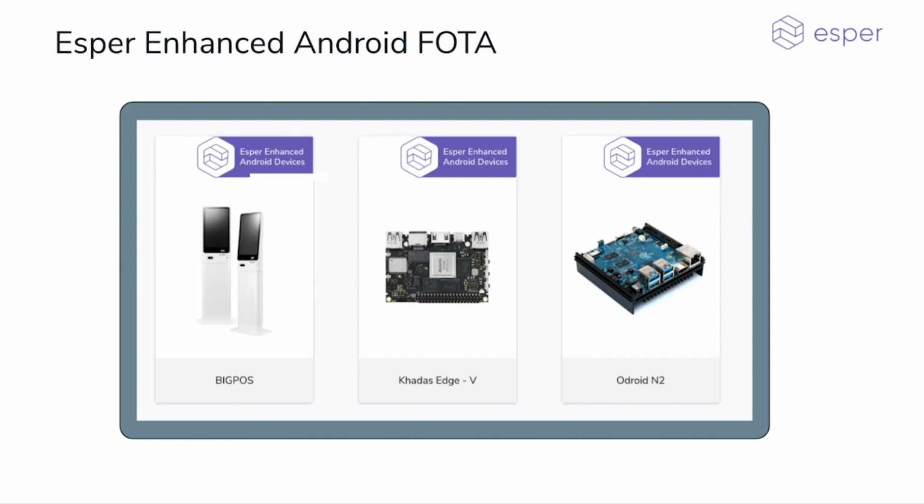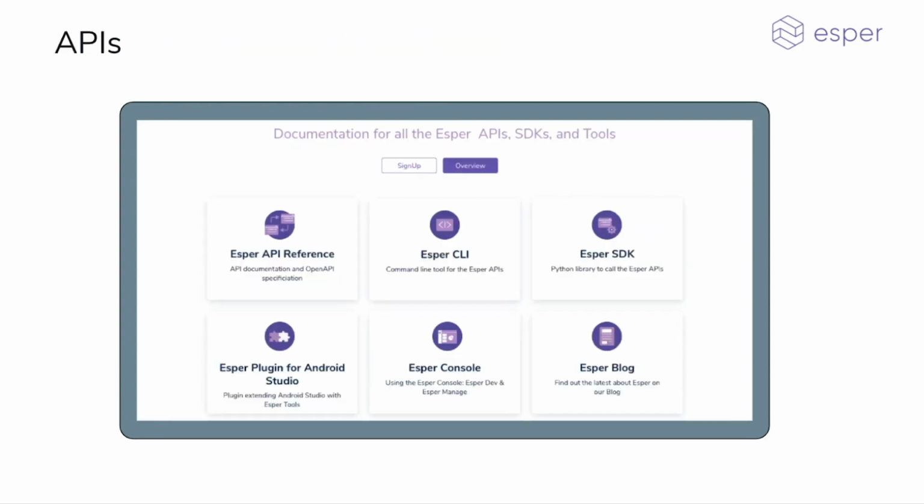So a lot of excitement around here for us, and you're going to see new devices and new solutions coming out with Esper Enhanced Android with that fine-grained control, full visibility into the source code, and the ability to do seamless no-touch provisioning.